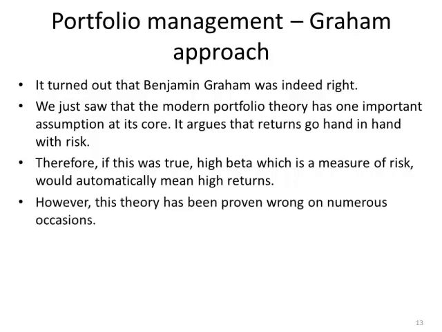And this theory has been proven wrong on numerous assumptions, right? So typically, according to MPT, we would find that higher betas, meaning stocks that have greater risk than the market portfolio, should give us higher returns. And we find that in the real world, this is not the case.